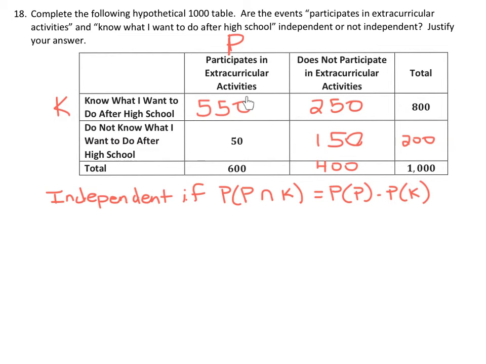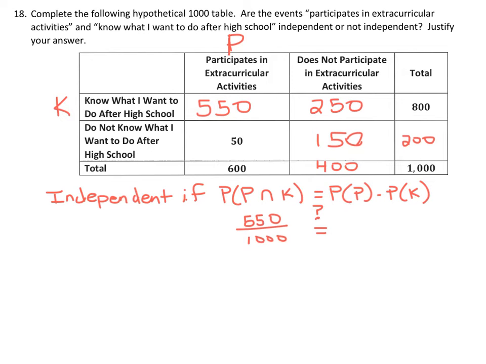Now, this is 550 out of the total number of people. Okay, you're always going to use the total for your denominator unless you're using a given, but we're not using a given here. So the probability of P and K is the 550 out of the total 1,000 people. Now I'm going to put a question mark on top of that equal sign because we don't know if this is true.